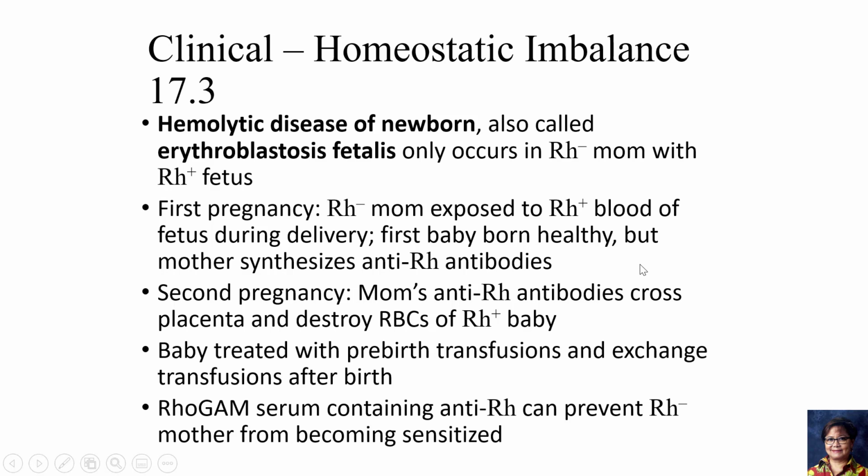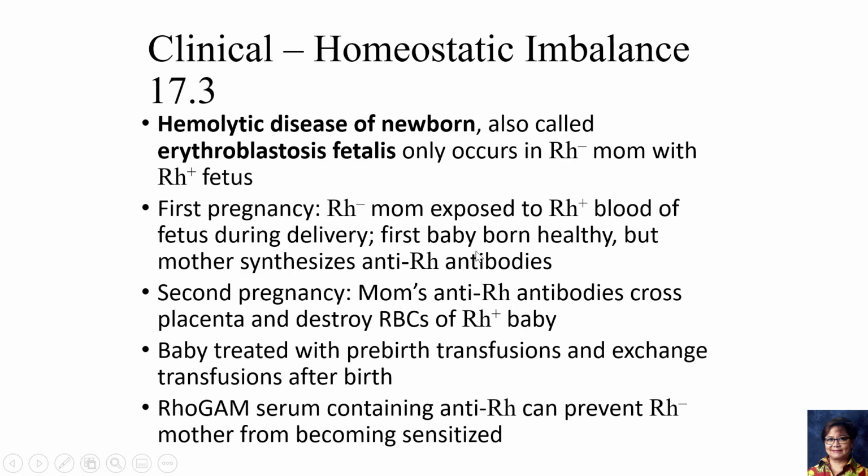So what's going to happen if you're Rh negative and you're carrying somebody who is Rh positive? That Rh positive baby carries the agglutinogen, but you, as a mother, do not have the agglutinogen.